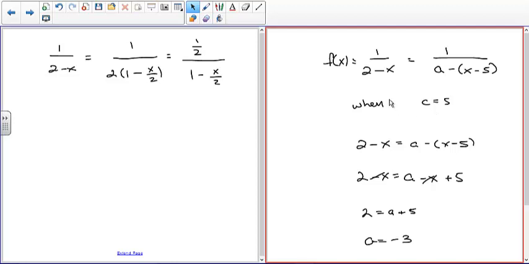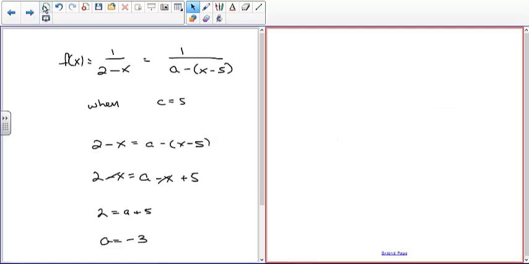So what I'm trying to do is figure out what a is such that these both are equal to each other. So I just set the denominators equal to each other. You can see the x's cancel out between these two expressions, and I get a is equal to -3. Let's just prove that's true.